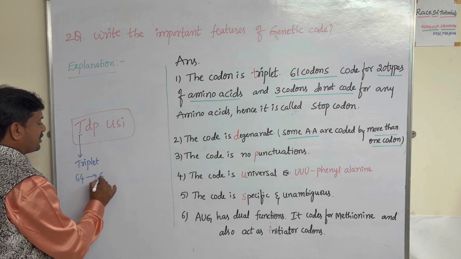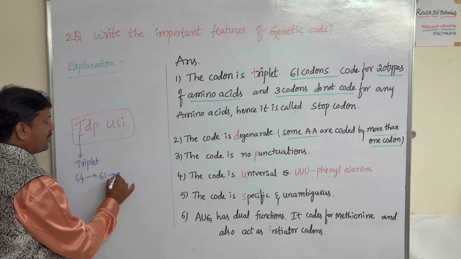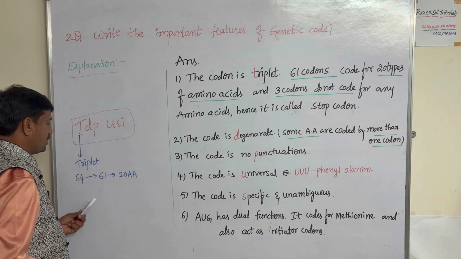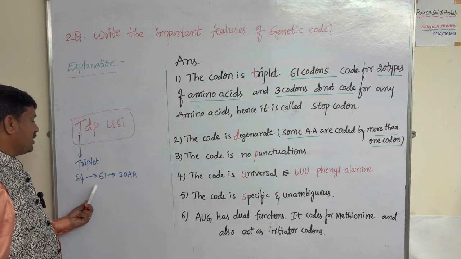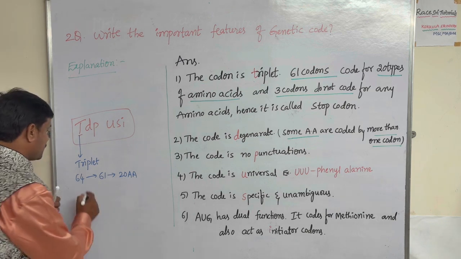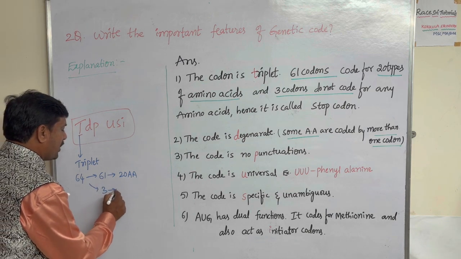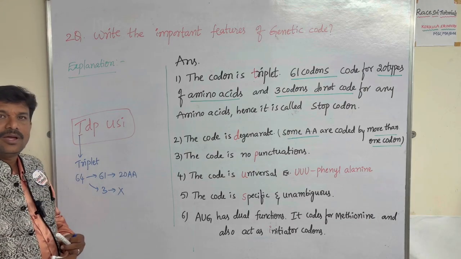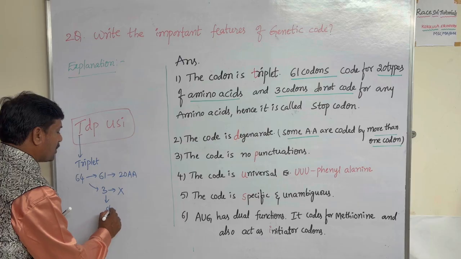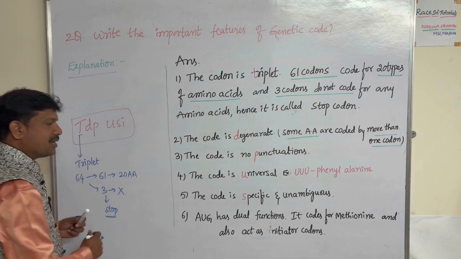In that, 61 codons code for 20 amino acids. But 3 codons do not code any amino acid. So those are called stop codons.